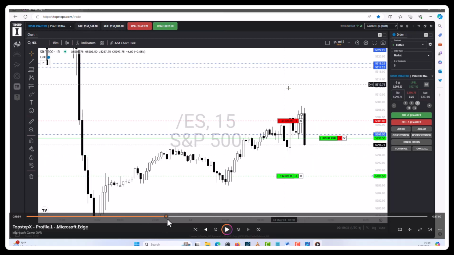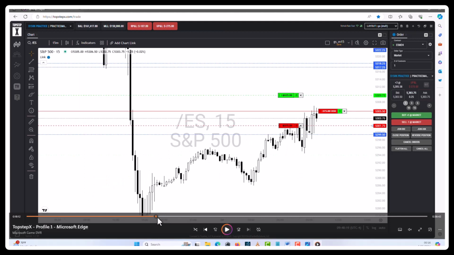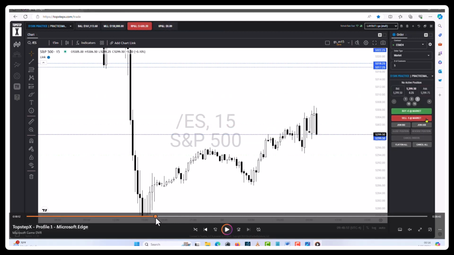And look, it broke it. Yeah, we got stopped. So that's our second trade right there. We go long, and then it comes back.